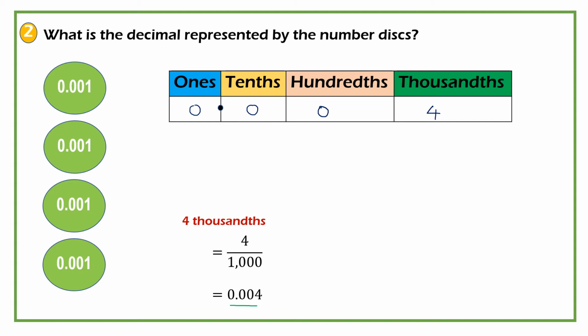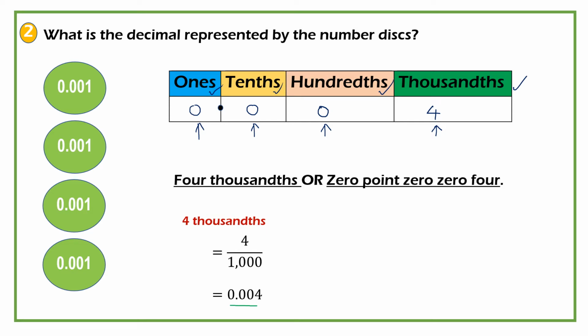This means that the place value of this 4 is thousandths. The place value of this 0 is hundredths. The place value of this 0 is tenths. And the place value of this 0 is ones. We can read this as 4 thousandths, or 0.004.